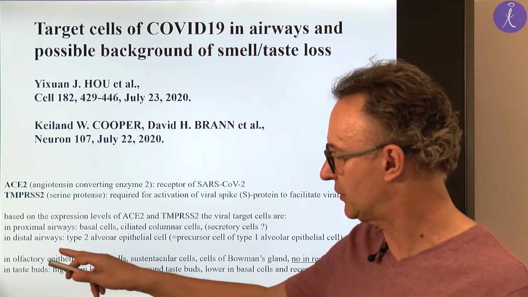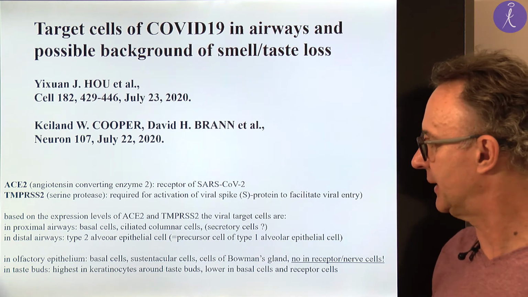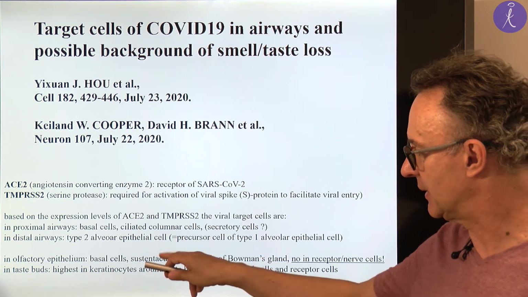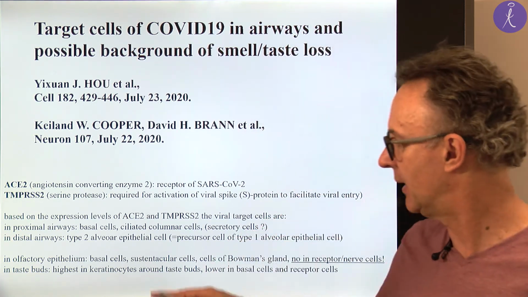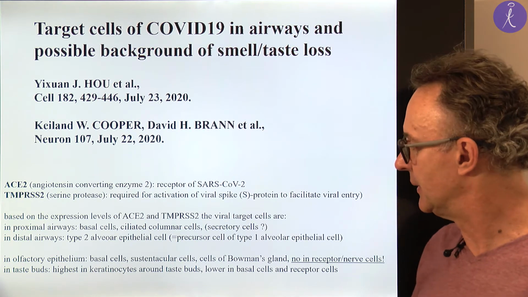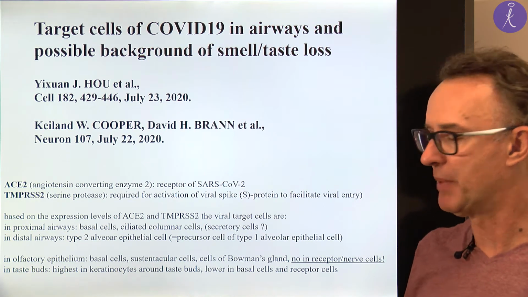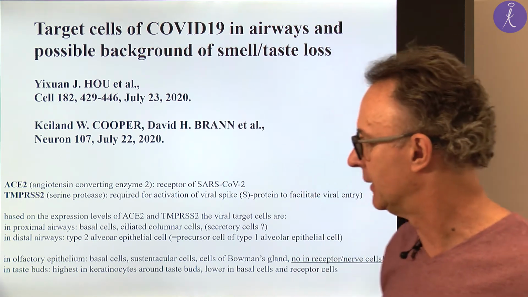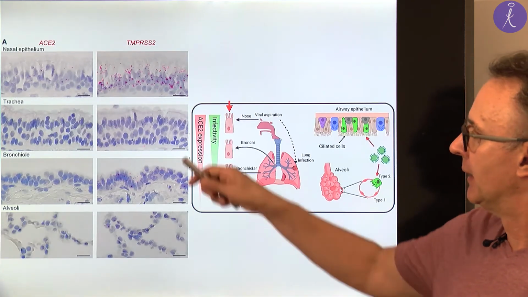But in the case of the olfactory epithelium, interestingly, the neurons and these receptor cells are intact. So here, the sustentacular cells or the supporting cells are infected, and somehow the metabolic activity of these cells on the receptor cells is impaired, and that's why probably the olfaction also has an impairment.